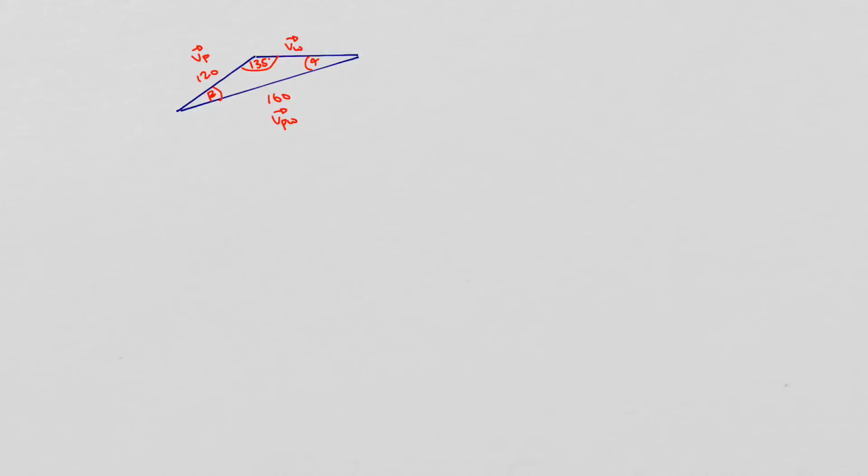Okay, so here you can see it a little bit clearer now that we have our sine rule. So let's call this side A, side B, and side C, and then we have our angle A, our angle B, and our alpha angle C. So if we're writing out our rule, we have A over sine A equals B over sine B. Or of course we can turn that upside down because we're looking for an angle here.